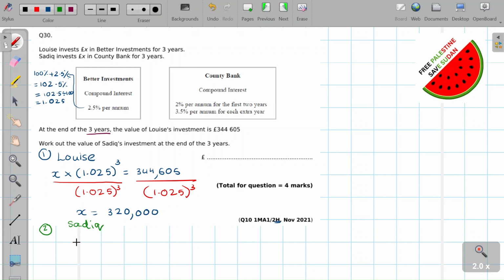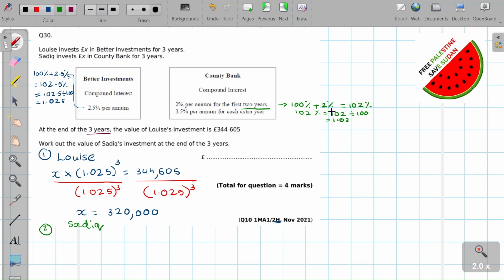Okay, so at the end of the first 2 years, because it's 2%, it'll be 100% plus 2% is 102%, and the multiplier for that is 102 divided by 100, which is 1.02.